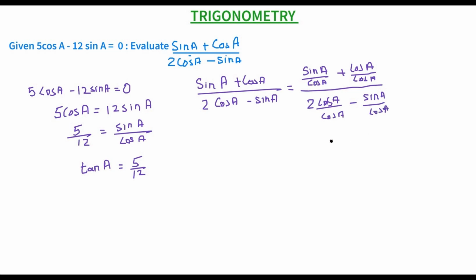Till this point I hope it is clear. Now what can we do? Sin A by cos A will become tan A, and cos A by cos A will become 1, so I will directly write this as 1.